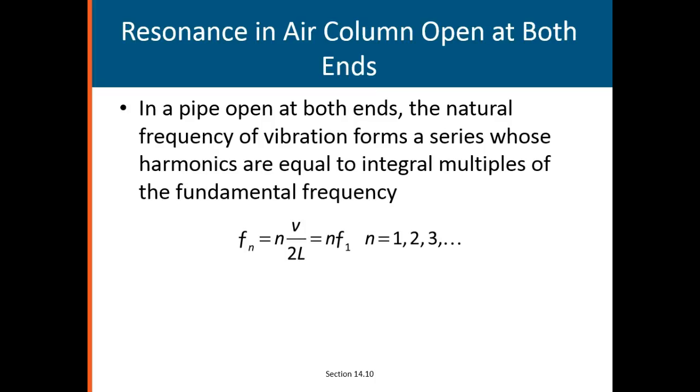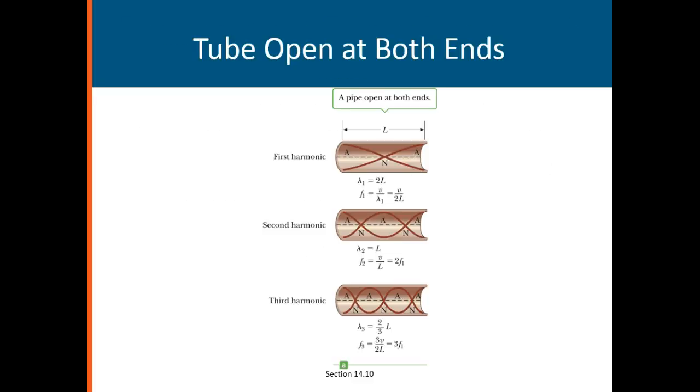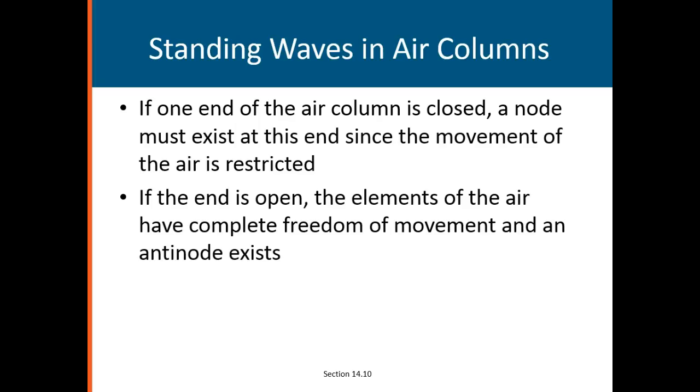Here they have one end closed and the other end open. No, I'm sorry. This is talking generically. If one end of an air column is closed, a node must exist there. If one end is open, the elements of the air have complete freedom, so that's an antinode. So if one end is closed, it's a node at that end. If one end is open, it's an antinode at that end.